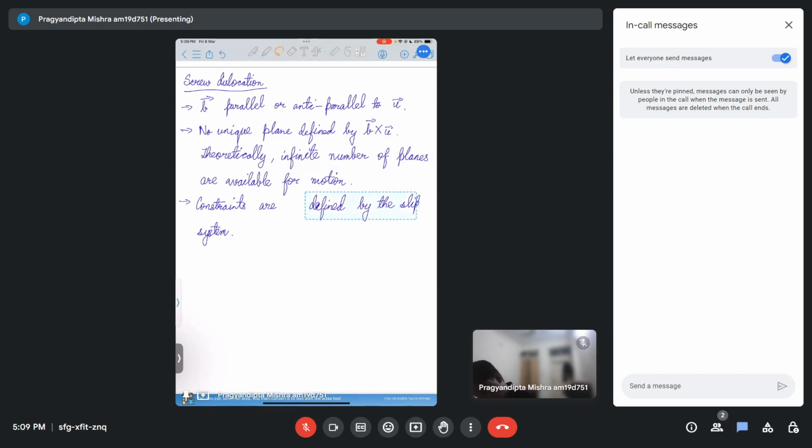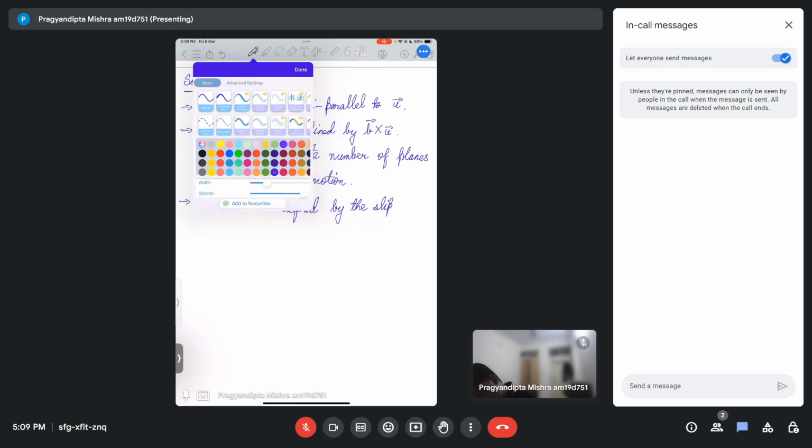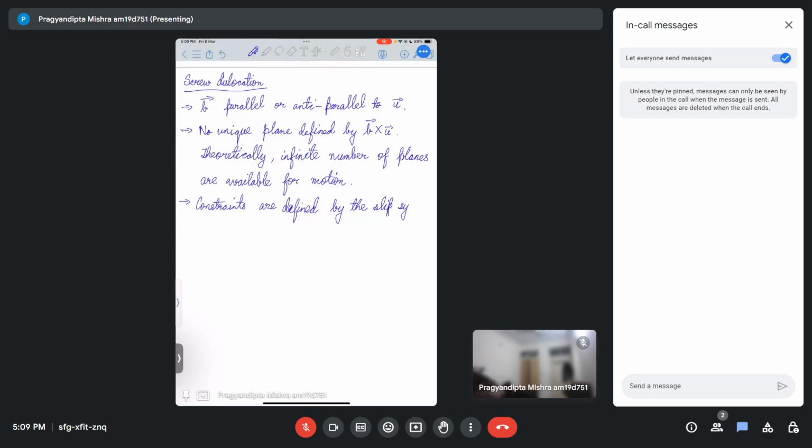Constraints for the motion are defined by the slip system. So constraints can only be defined by the slip system, and the screw dislocation by itself does not have any constraints on which direction it can move, as there is no unique plane defined by B cross U. Okay.